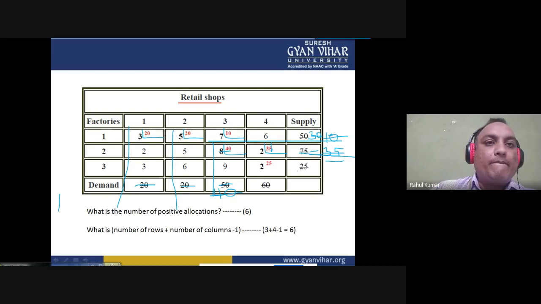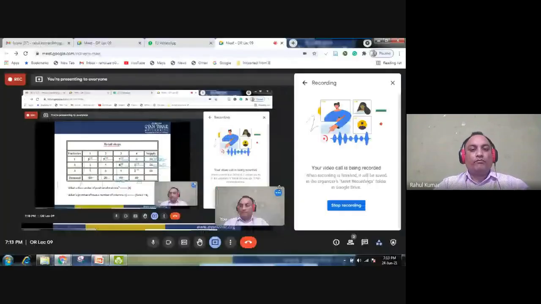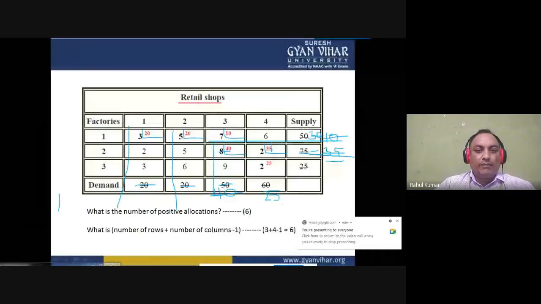Then after subtracting 35 from 60, the remaining demand is 25. If the remaining demand is 25, then you see in the last, the total demand is 25 and supply is 25.